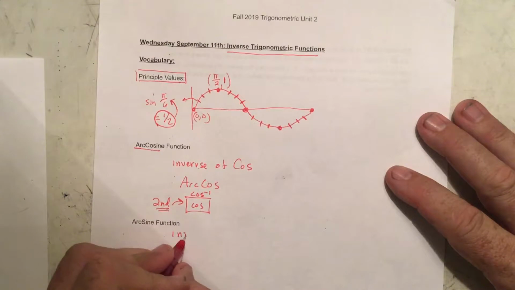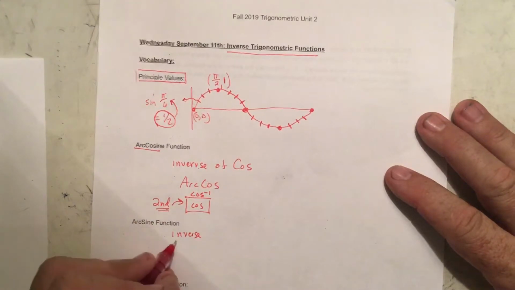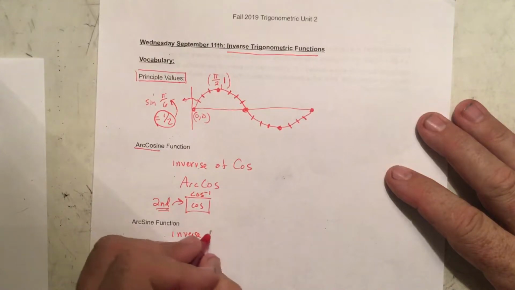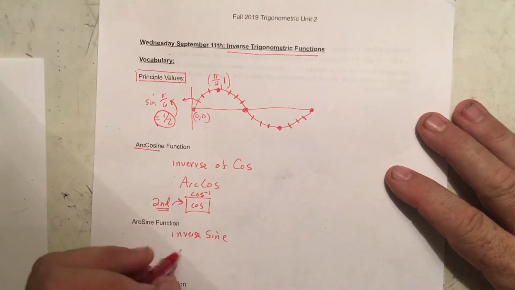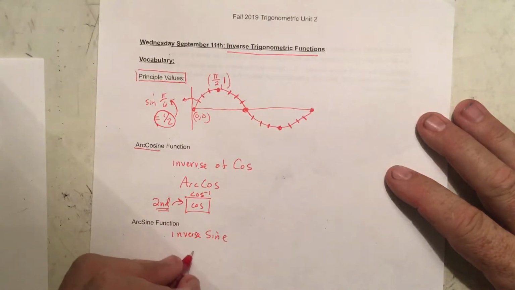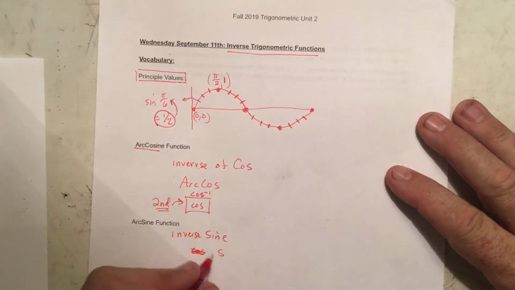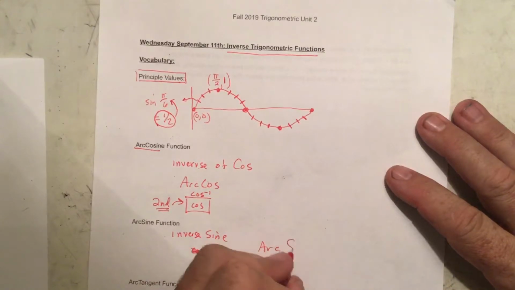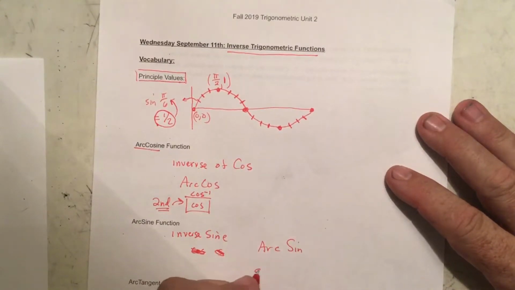This would be the inverse of sine. And since this is the inverse of sine, we write it as arc sine, or using the calculator, we go second sine of -1.